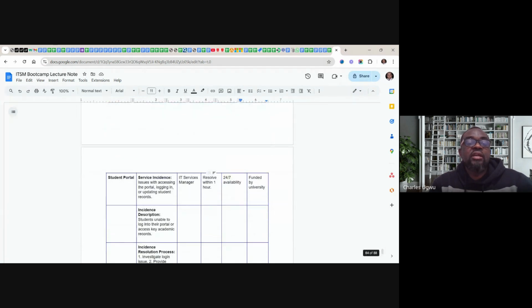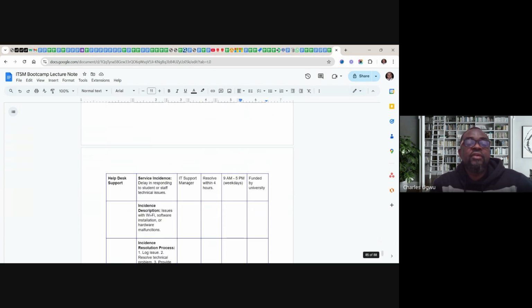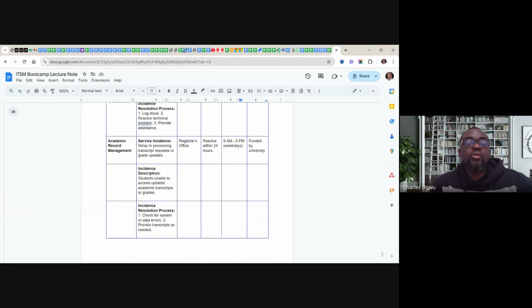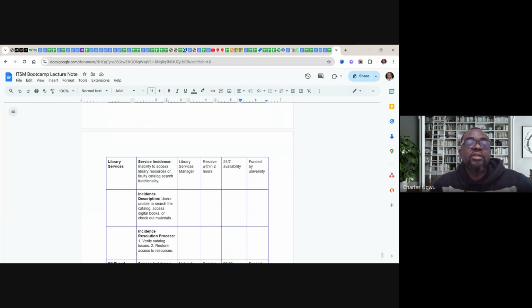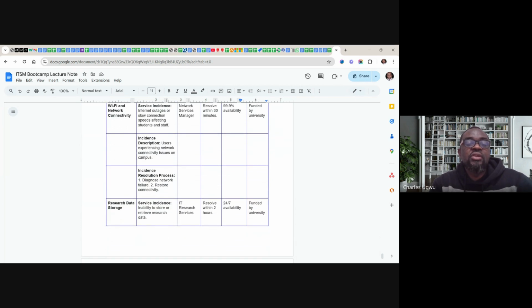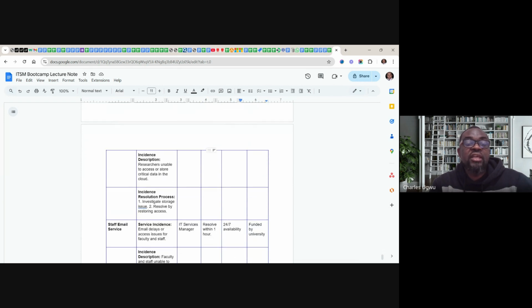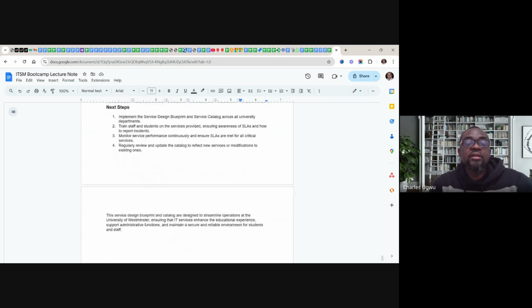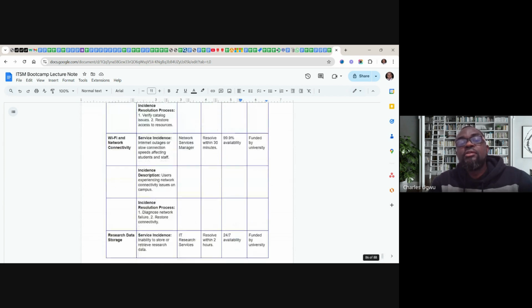For instance, here you see the services are Students Portal, learning management service, help desk support, academic record service, library service, Wi-Fi and network connectivity service, research data storage service, and staff email service. And that's it. That's the much we have here.